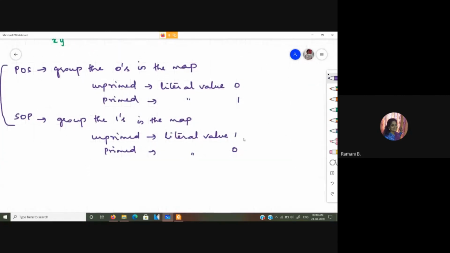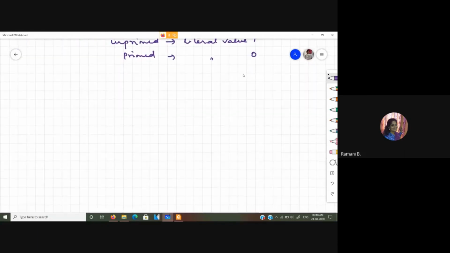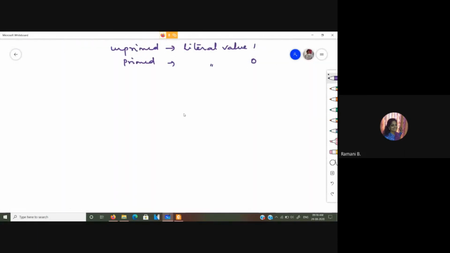So next thing we need to see is with respect to the K-map, if you are going to have don't care terms, we will see the maps tomorrow. Just I will introduce what these don't care terms are. Don't care terms, as the name implies, can take values either 0 or 1.